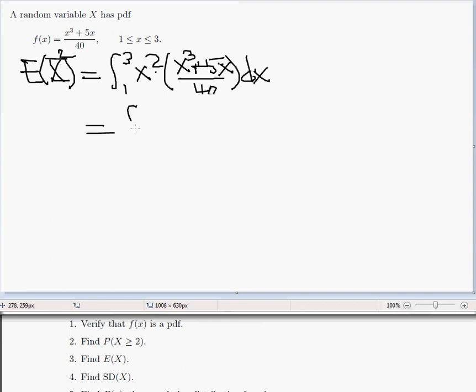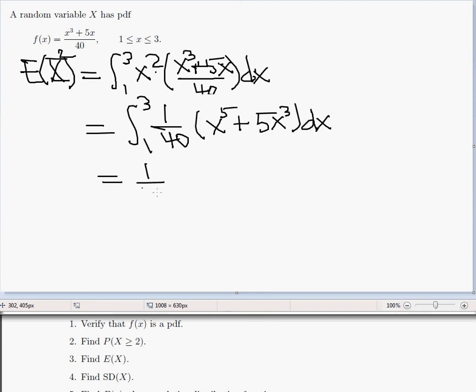So that'll be the integral from 1 to 3 of 1/40 times x to the fifth plus 5x cubed dx.